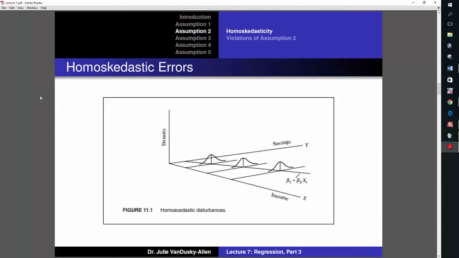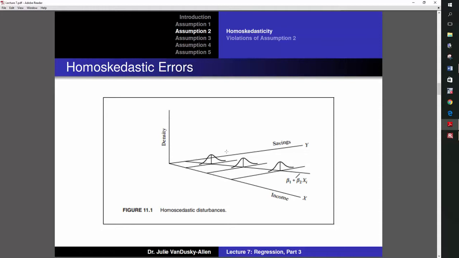This picture illustrates a model that meets the assumption of homoskedasticity. In this model, savings on the y-axis here is the dependent variable, and income is the independent variable. These lines represent different values of income.